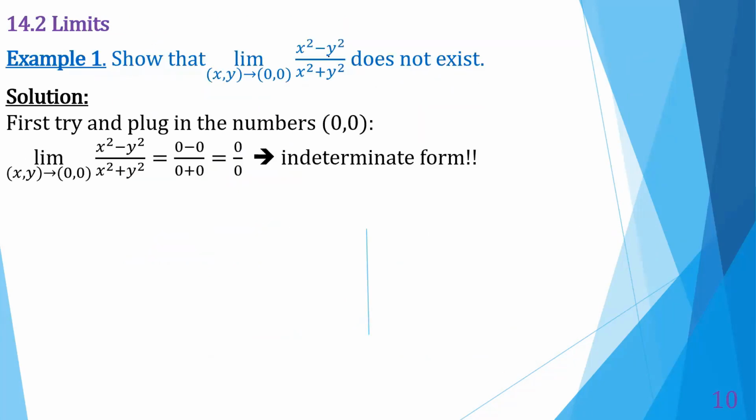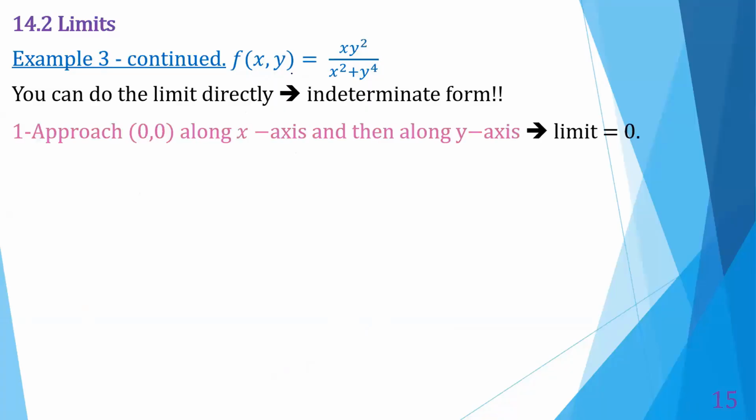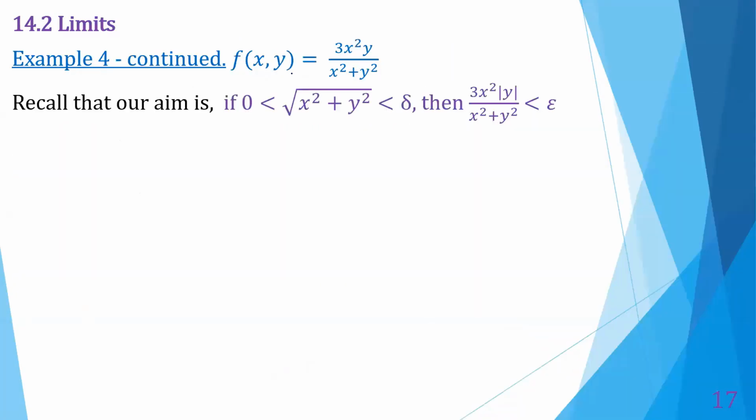Yes, in example 1, we have already calculated the limit of this function at 0, 0. We said it doesn't exist. We said this limit, unfortunately, doesn't exist. So what can we conclude? Is this new function, this extension, continuous or not?